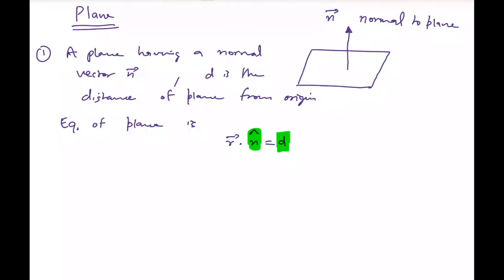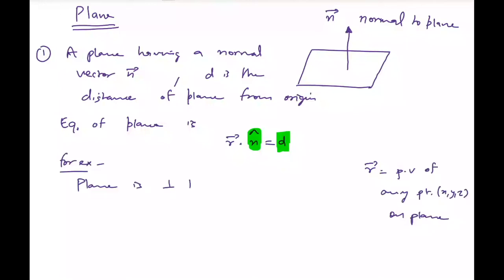And what is r vector? R vector is nothing but the position vector of any general point, let's say x, y, z, lying on the plane. For example, let's say this is given: the plane is perpendicular to a vector, that is i minus 2j plus 2k, and it is at a distance of 3 units.